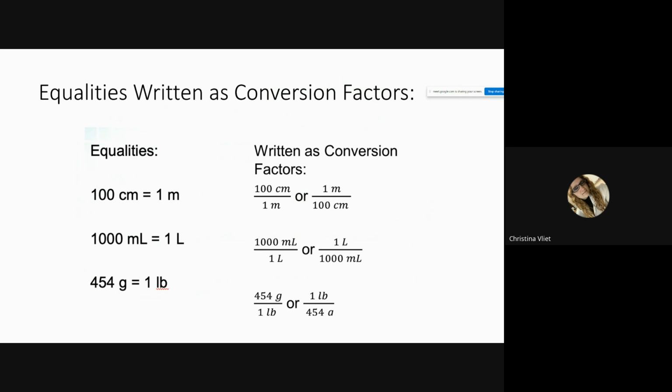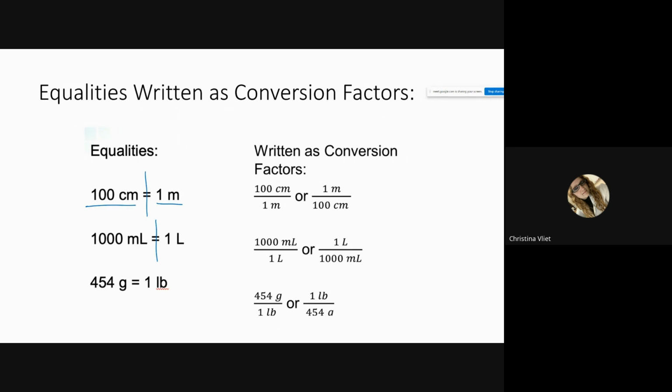You're going to be looking for your equal sign. You put a dividing line there. If you want to, in your notes, you just write a slash there, a dividing line. One of the sides becomes the top of your factor. One of the sides becomes the bottom of your factor. And it can be flipped. So every equality has 2 potential conversion factors.